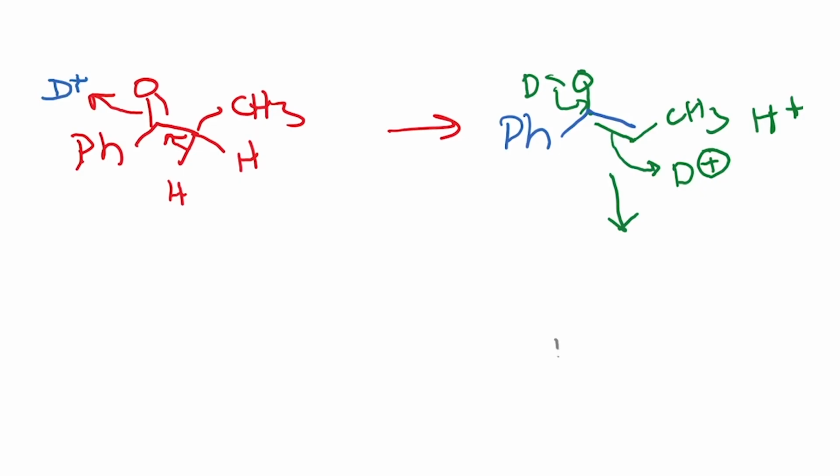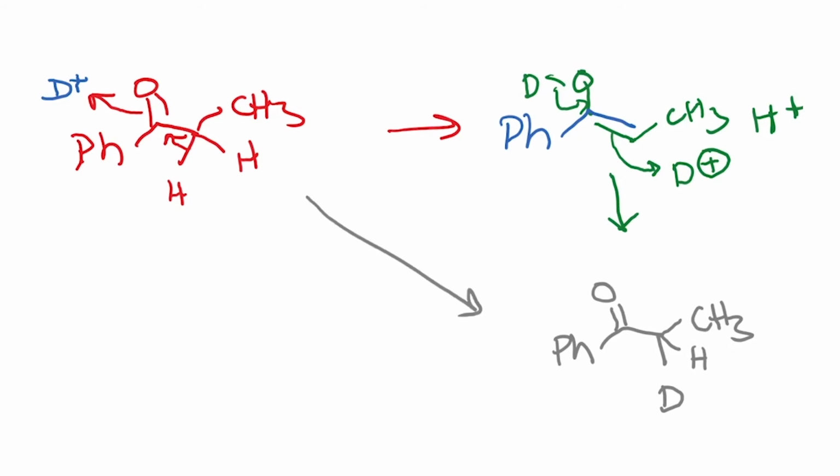And so you will end up with PhC double bond O, and now instead of hydrogen, you have deuterium. Okay, and so the other hydrogen remains intact if you look at it. So this is how this compound gets converted to the deuterated version.